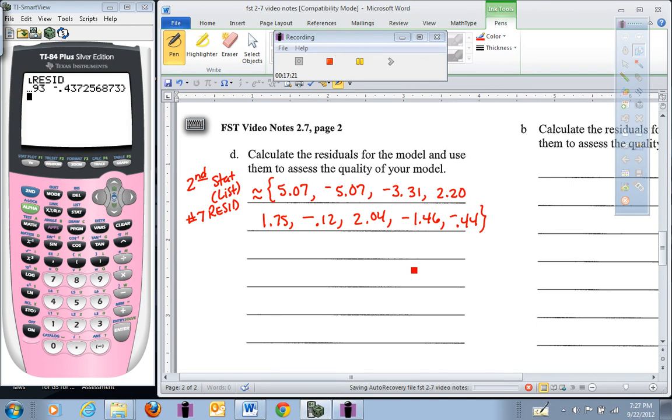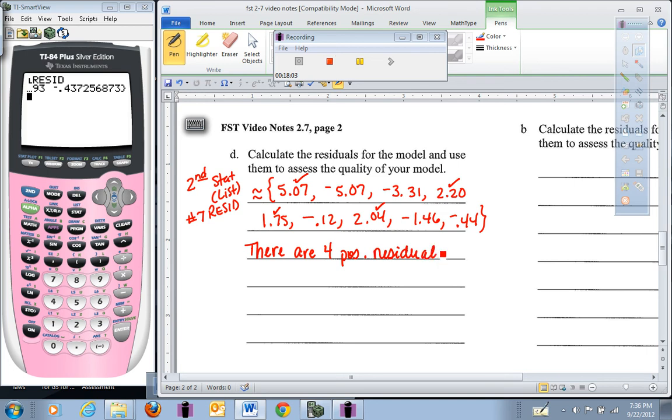All right? There are 4 positive residuals and 4 negative residuals, aren't there? So there's 4 points that lie a little bit above the curve, and then there are 4 points that are going to lie a little bit below the curve, or 5 points. We're going to calculate the residuals for the model and then use them to assess the quality of the model. Okay, so here's what we're going to state. There are 4 positive residuals.